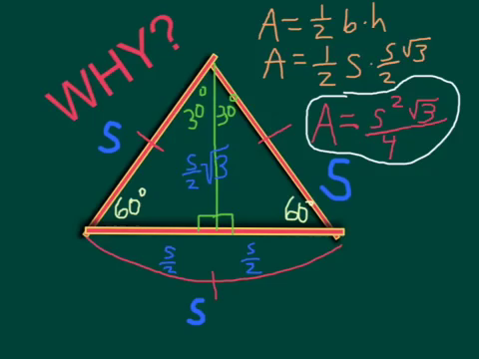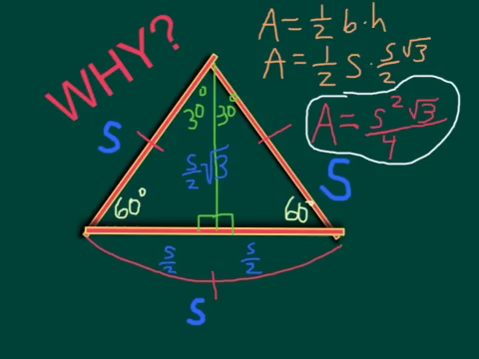We dropped an altitude, which in an equilateral triangle would split this in half. So side divided by 2, side divided by 2. Not only does it perpendicular bisect it, but it also bisects the angle up here to make them both 30 degrees. And so the rule we're kind of using here is if the side across from the 90 is something, the side across from the 30 is half as much.